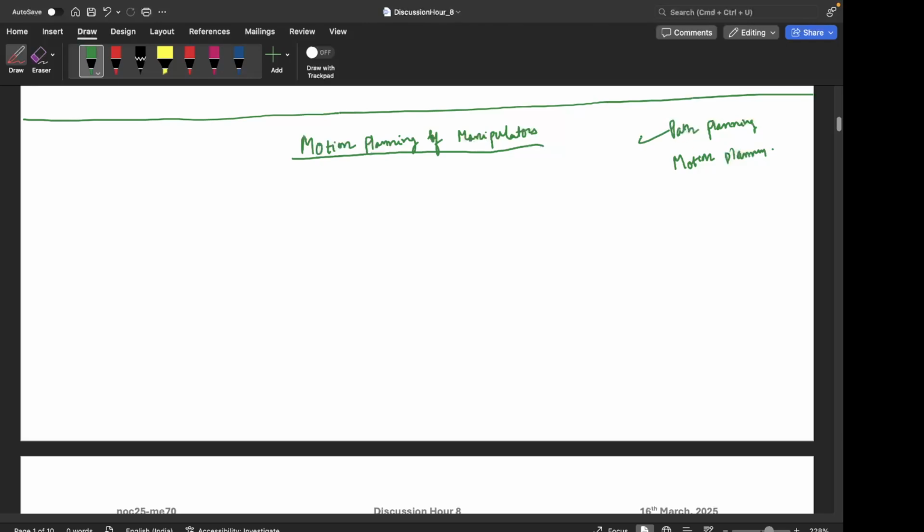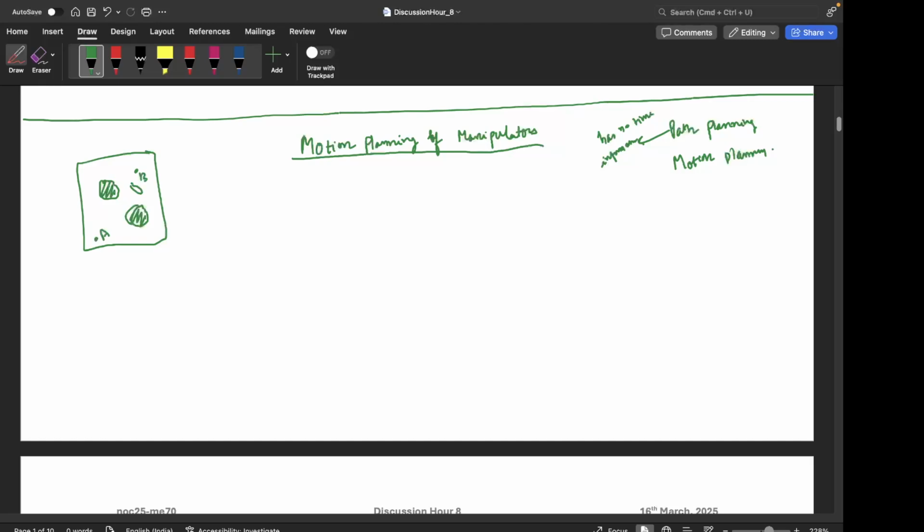So basically path planning has no time information. Suppose this is a map, and you are at point A and you have to go to point B, and there are some regions which have obstacles.